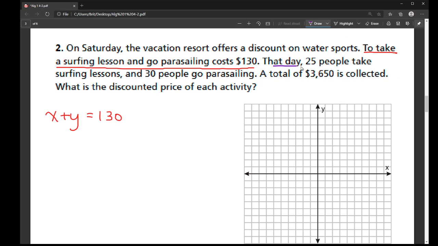Then on that day, 25 people take surfing lessons and 30 people go parasailing, and they collect $3,650. They want to know the discounted price of each activity.